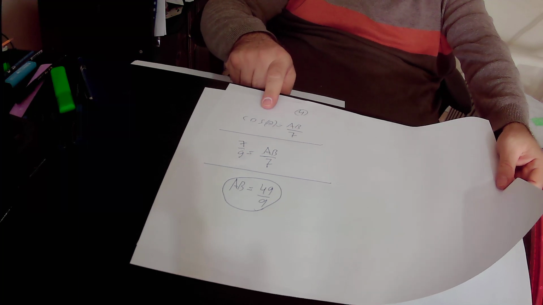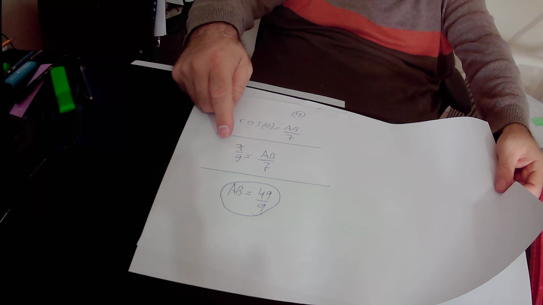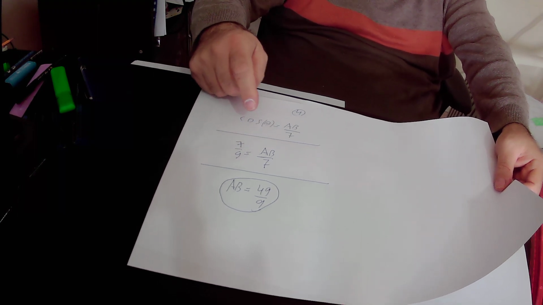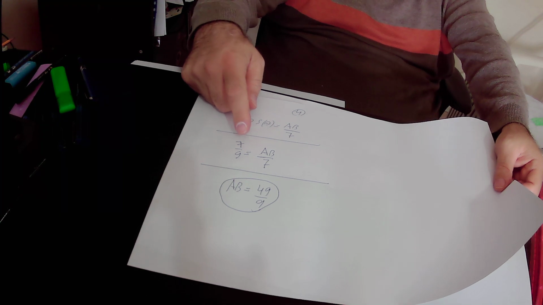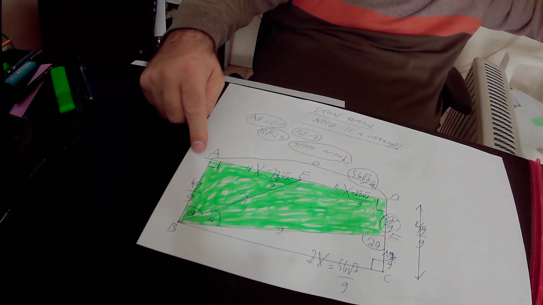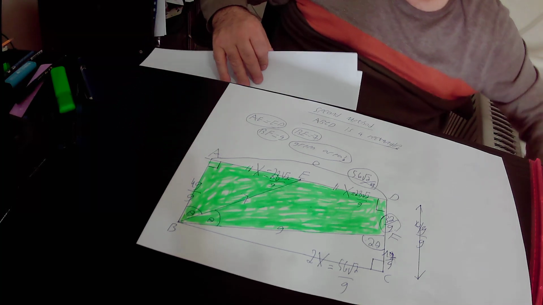But we know that cosine theta equals 7 over 9, so we substituted cosine theta by 7 over 9, and we got that 7 over 9 equals AB over 7. We multiplied this equation by 7, and we got that AB equals 49 over 9.